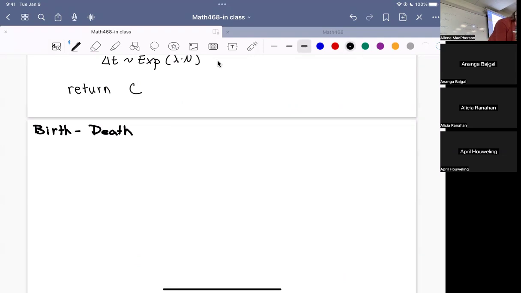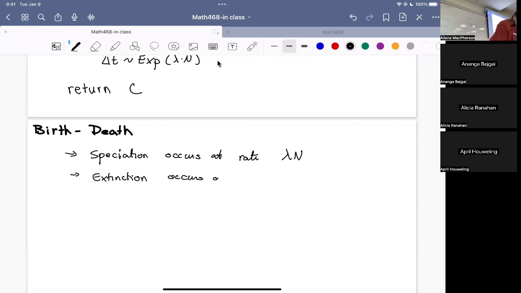So here, speciation occurs at rate lambda n. Extinction occurs at rate mu n.